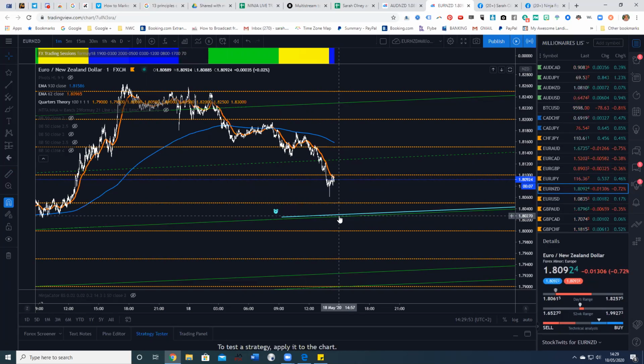That's where I'm interested in, 1.80270 down there. And then it might waffle along in there before it decides to break down further or reject off it. But either way, you wouldn't want to be getting into it till it's past that orange line down there. Okay, so I'm going to look at Euro USD.